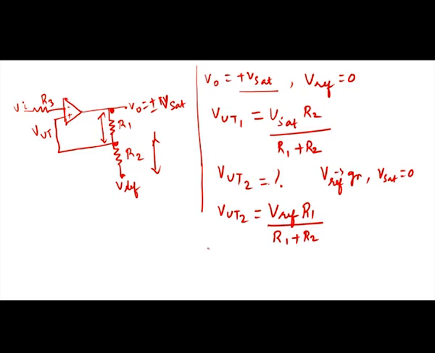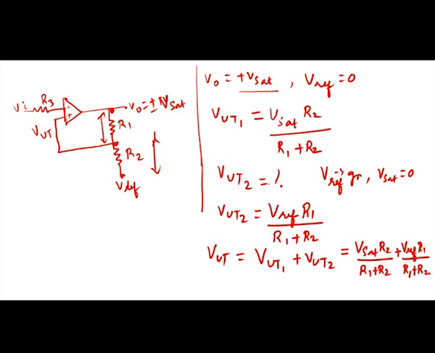So, now we have to add VUT1 and VUT2. So, you will be getting V saturation R2 divided by R1 plus R2 plus V reference R1 divided by R1 plus R2.